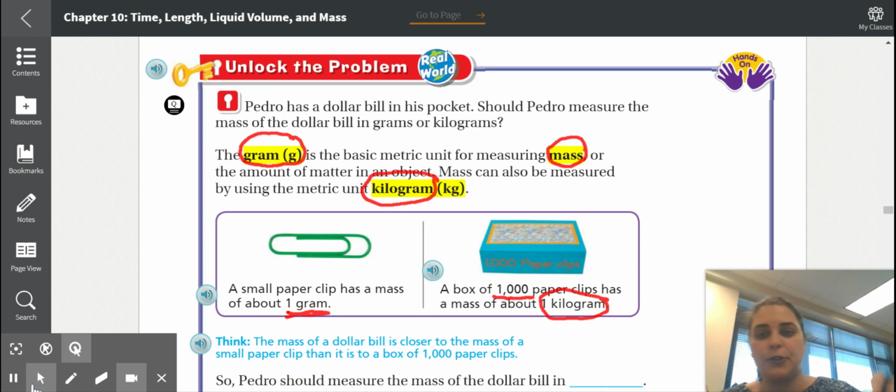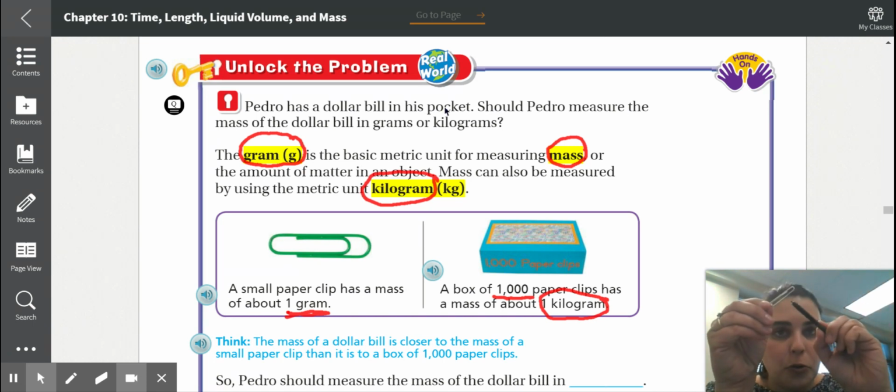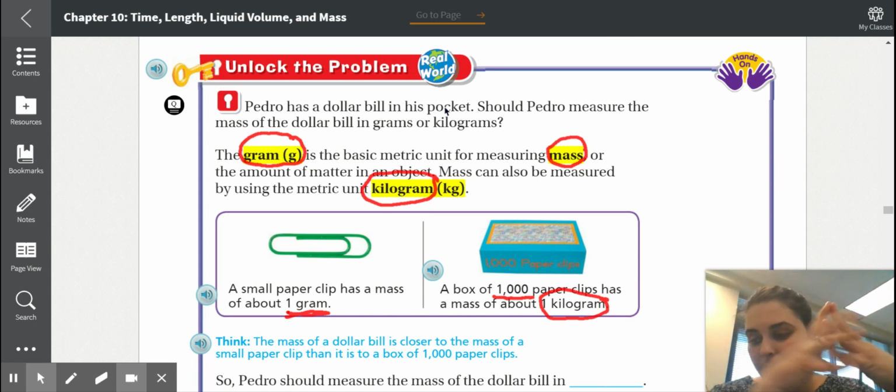So let's start with Pedro has a dollar bill. Pedro has a dollar bill in his pocket. Should Pedro measure the mass of the dollar bill in grams or kilograms? So think, do you think the dollar bill weighs closer to this paper clip or does it weigh closer to 1,000 paper clips?